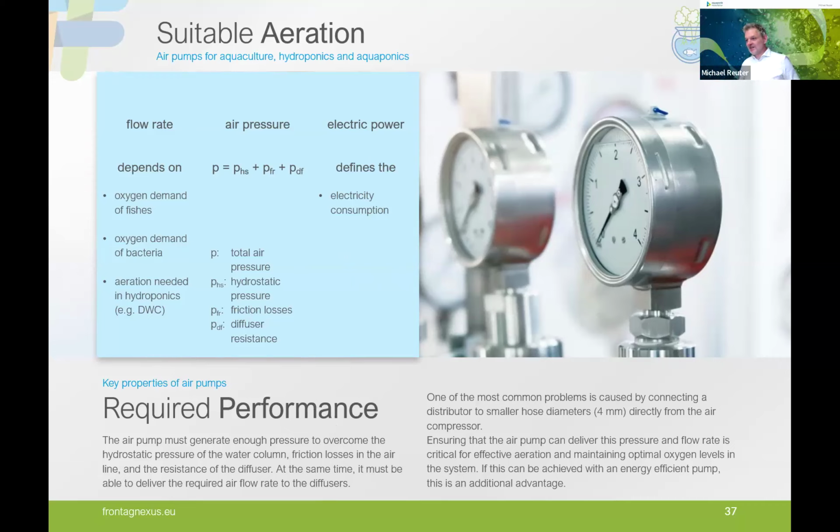And oftentimes, people tend to connect air stones in simple aquatic systems with just 4mm hoses, these transparent small hoses that you all know that are really easy to use, but 4mm hoses are so small that when we have to deliver a huge amount of air, like 17 liters per minute, these are so small that we will lose a tremendous amount of pump performance.